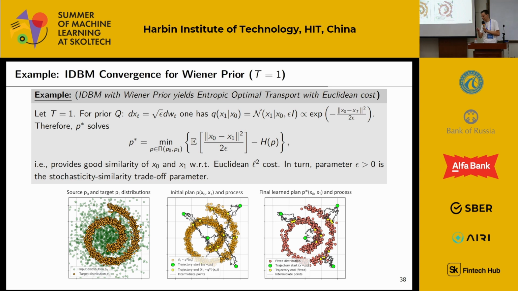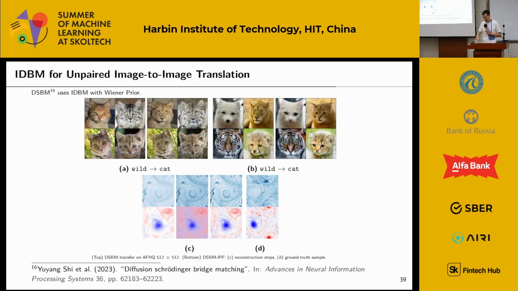And this coupling is quite useful in many unpaired domain translation problems. For example, when you do unpaired super resolution of particular data related to physics, you can take a look at this paper. Or if you do model problems like translation between different domains, for example, between the domain of wild animals and cats, you do not have pairs here. You cannot easily get a pair of a cat and a corresponding wild animal.